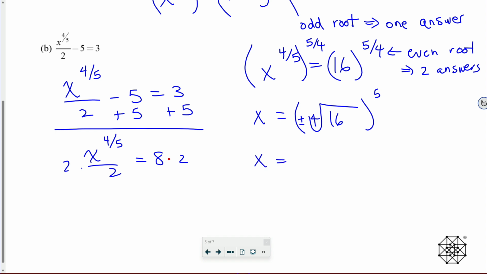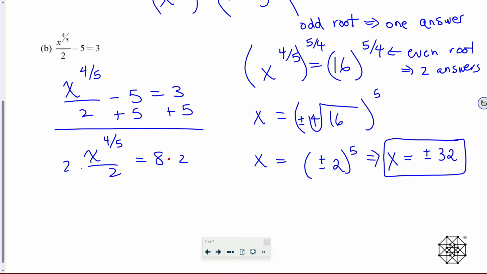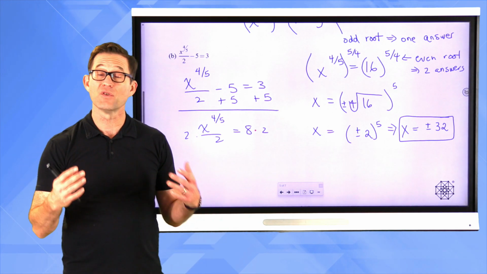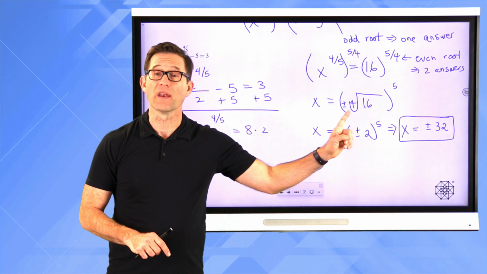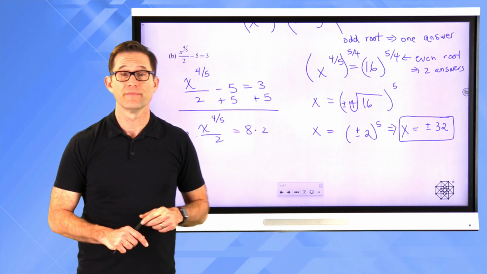The 4th root of 16 is 2, so I have plus or minus 2 raised to the 5th. 2 raised to the 5th is 32. Negative 2 to the 5th is negative 32. So I will have x equals plus or minus 32. And again, we're getting 2 answers because we're doing an even root right at this moment.